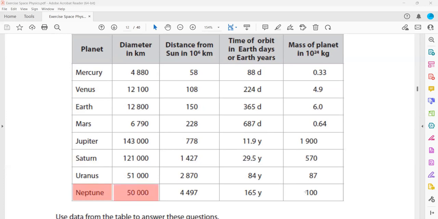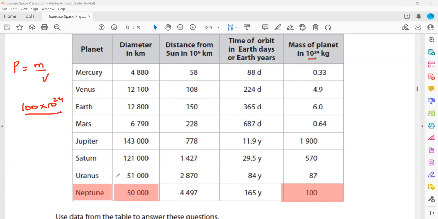And the mass is 100 × 10^24. So to work out the density, which is mass divided by volume, we have the mass, which is 100 × 10^24. Don't forget to write it, because in kilograms, it is 100 × 10^24.